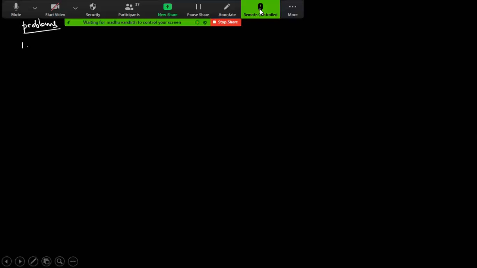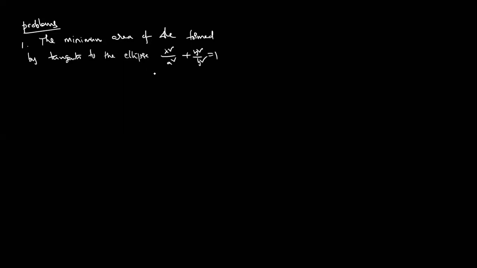Problem C. The minimum area of the triangle formed by tangents to the ellipse x square by a square plus y square by b square is equal to 1, and the coordinate axes.